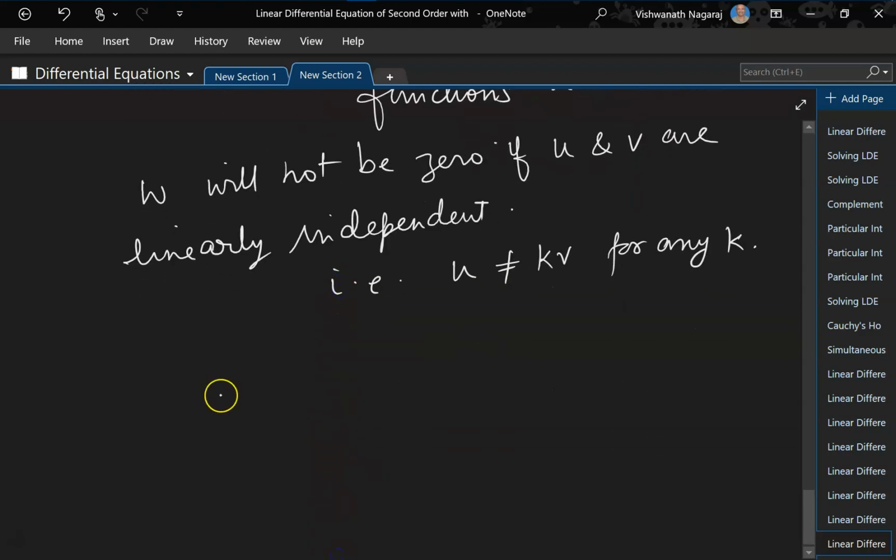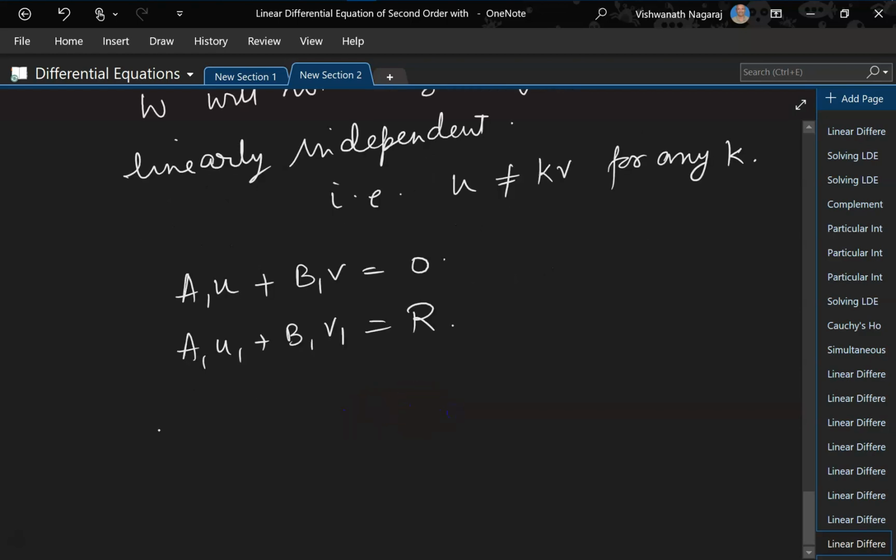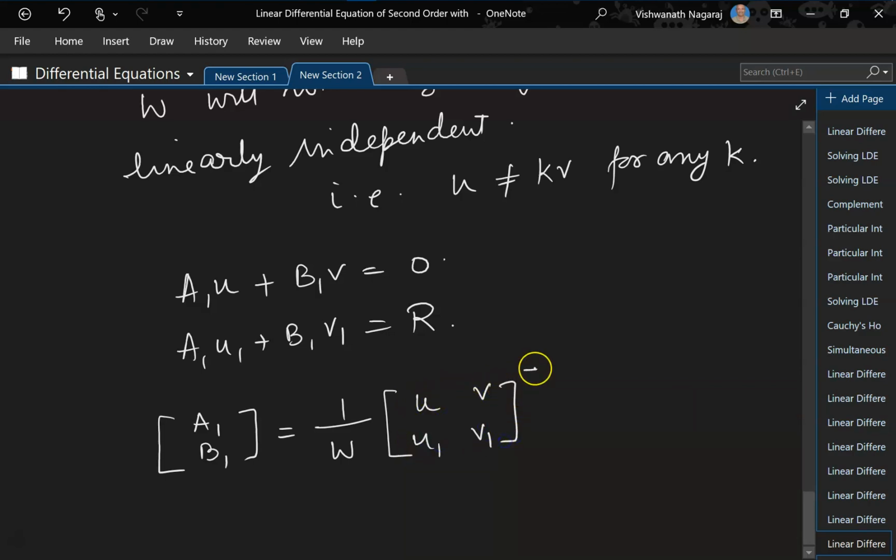We have arrived at the determinant, so let me write that equation again. A1u plus b1v is equal to 0. A1u1 plus b1v1 is equal to r. Now here, a1 b1 would be equal to 1 by the determinant, that is w, times the inverse of u v u1 v1, times 0 r.